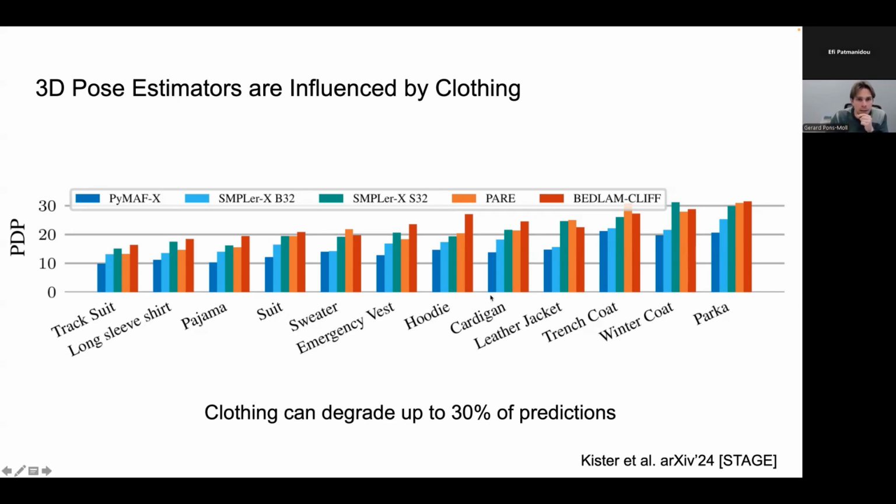And what you can see here is that, for particular clothing styles, in particular parka, we have a degradation of poses for some methods; the different colors are different methods. A degradation of up to 20%, up to 30% of poses. This means that by just changing this attribute, 30% of the poses now have been degraded.